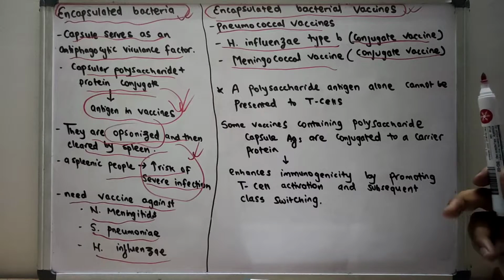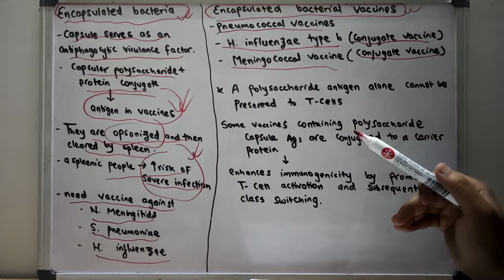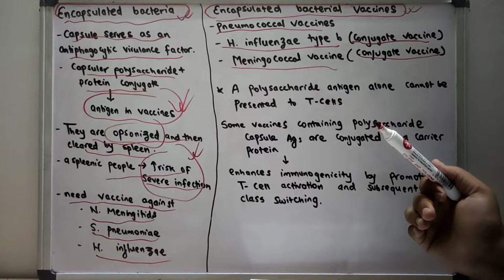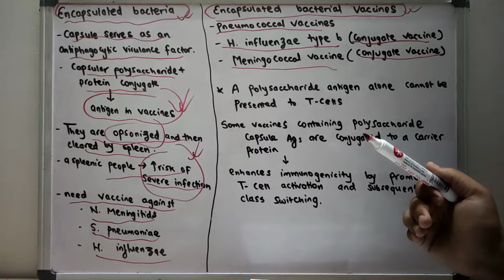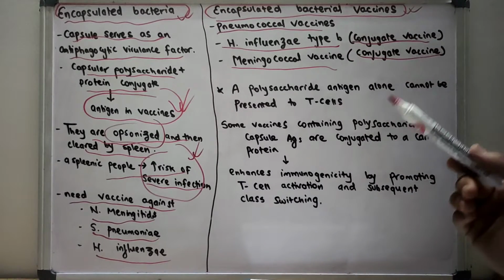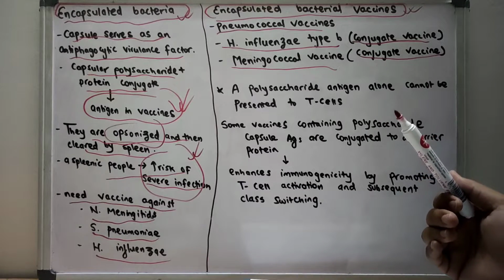The pneumococcal vaccines are PCV13, the pneumococcal conjugate vaccine, and PPSV23, the pneumococcal polysaccharide vaccine with no conjugated protein.